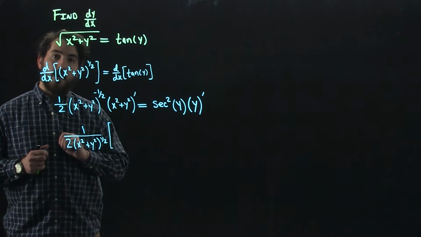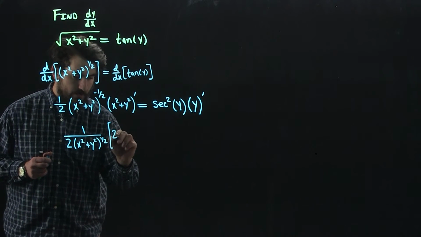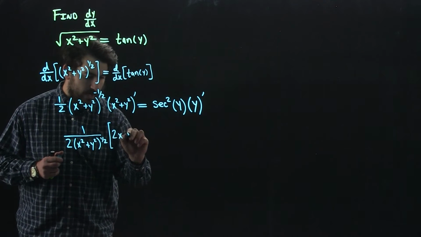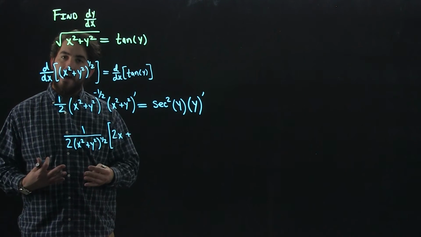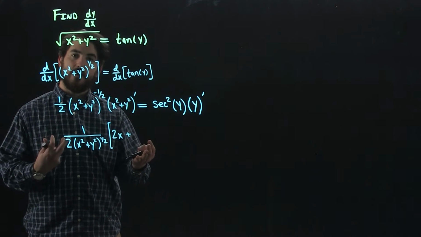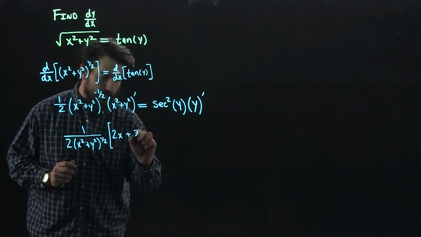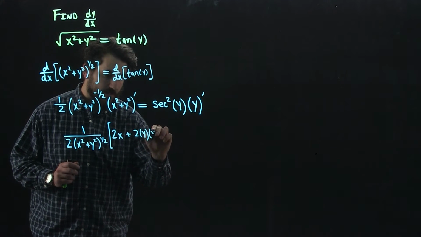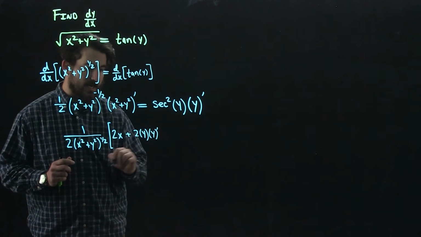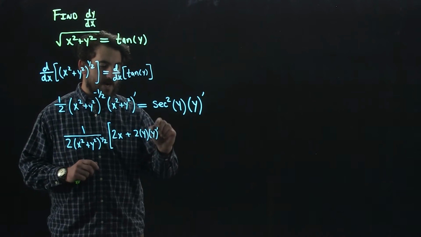Now it's time to take the derivative of this part right here. The derivative of x squared is just 2x plus the derivative of y squared is in fact a chain rule. The derivative of the outside is 2, rewriting the inside, times the derivative of the inside, which I'm going to leave alone right now.